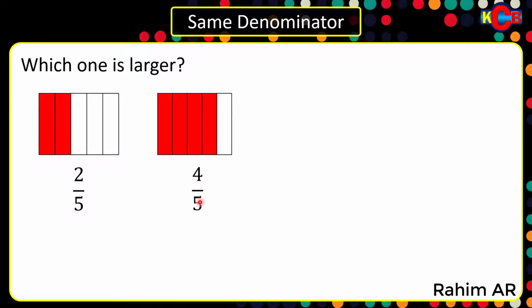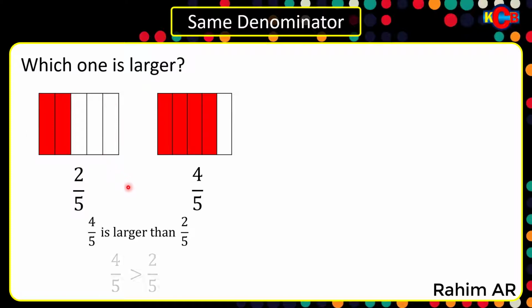Here 4/5. 4 out of 1, 2, 3, 4, 5. 4/5. Then, by looking at the visualized fraction, we can see that 4/5 is larger than 2/5.